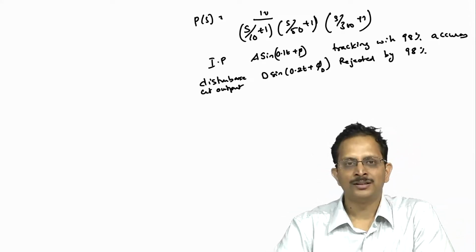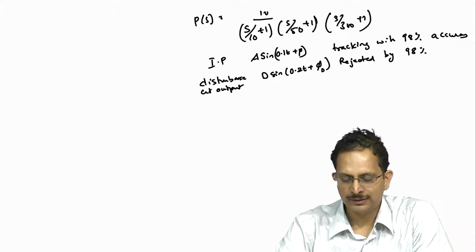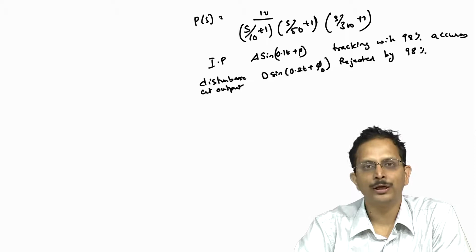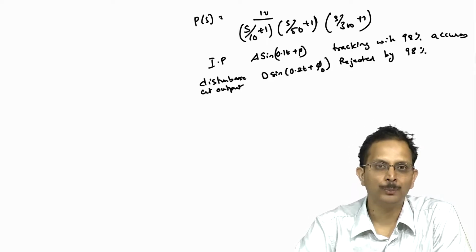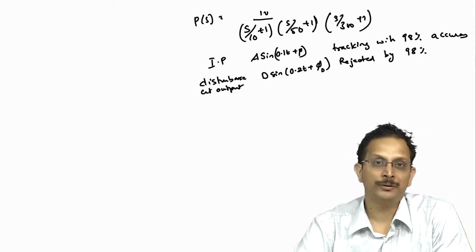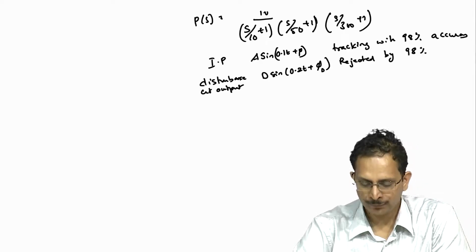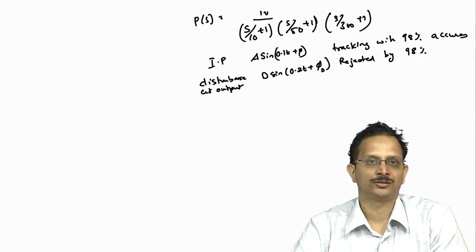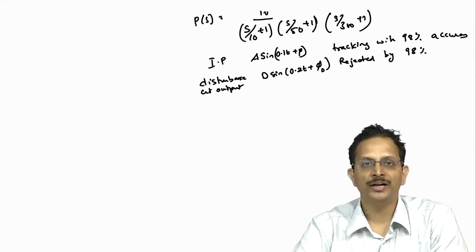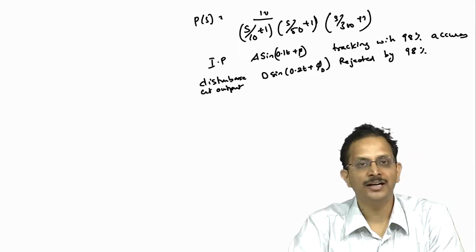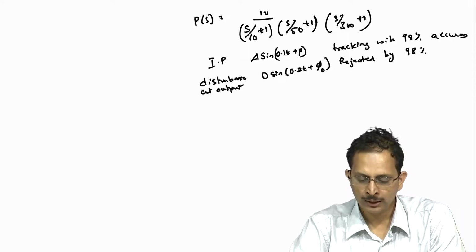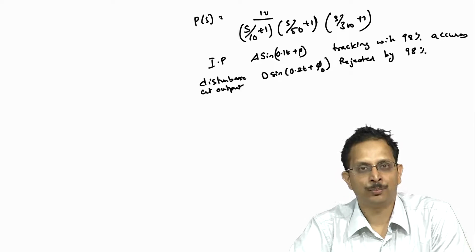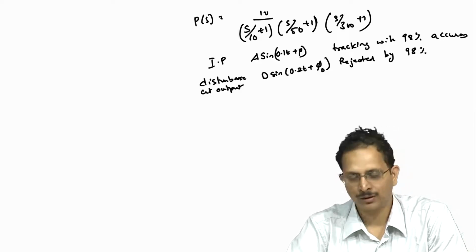So, we have this plant that is required to track a reference, namely a sin(0.1 t plus phi), a signal at 0.1 radian per second with 98% accuracy, and it should at the same time also reject an output disturbance at 0.2 radian per second, again by 98%. Now, this is often how a problem is posed to a control engineer.